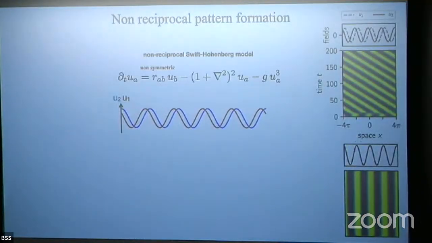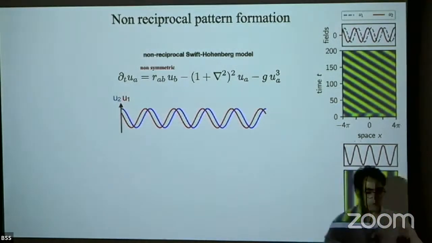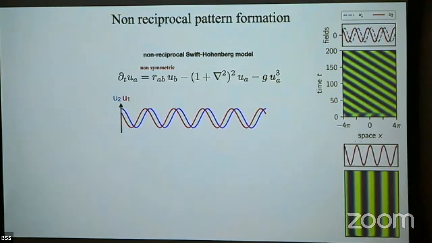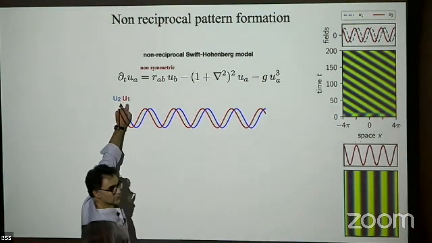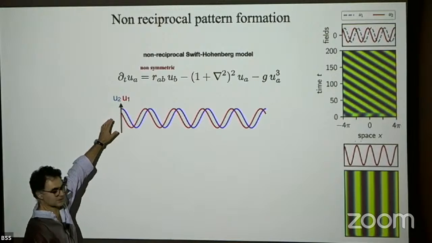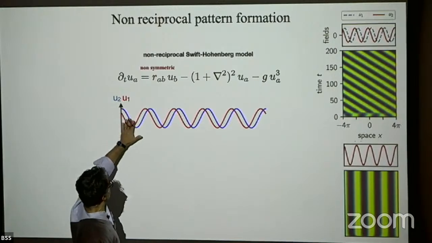So, the movie that I want to show you is, now these are two patterns. This is the UA and the UB, or U2 and U1. Don't be too fussy about how we call it.